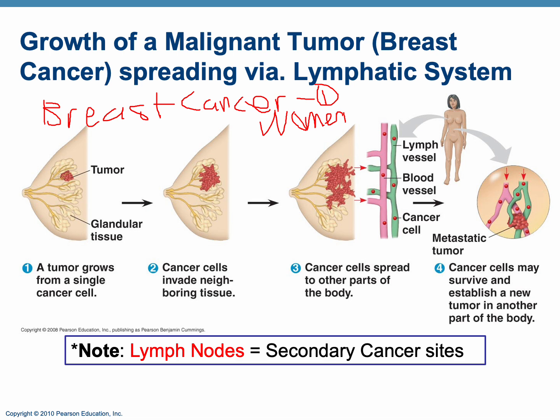So for men, the number one cancer type, maybe you know this already, is prostate. So prostate cancer. That's the number one type of cancer in men is prostate cancer. And for women, it's breast cancer.